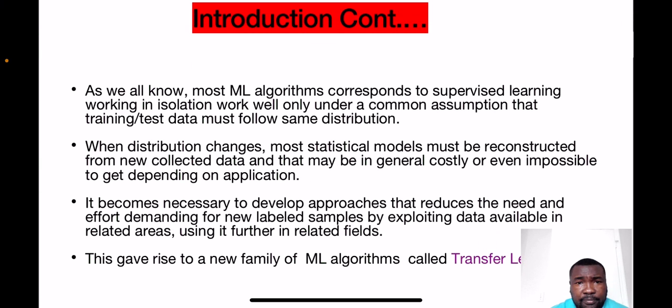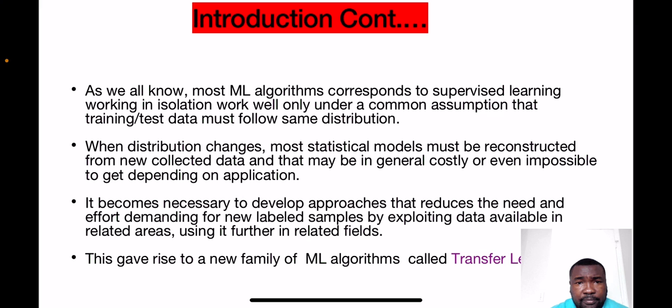As we all know, most machine learning algorithms correspond to supervised learning. Working in isolation works well only under a common assumption that training and test data must follow the same distribution. When the distribution changes, most statistical models must be reconstructed from newly collected data, and that may in general be costly or even impossible to get, depending on applications.